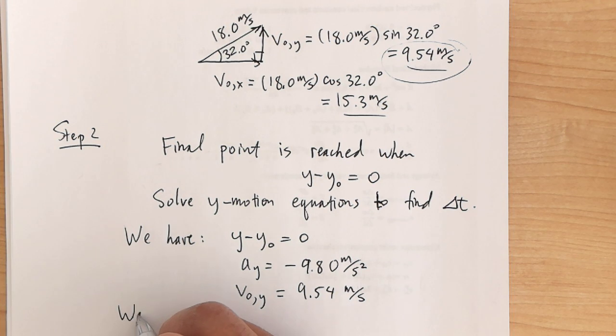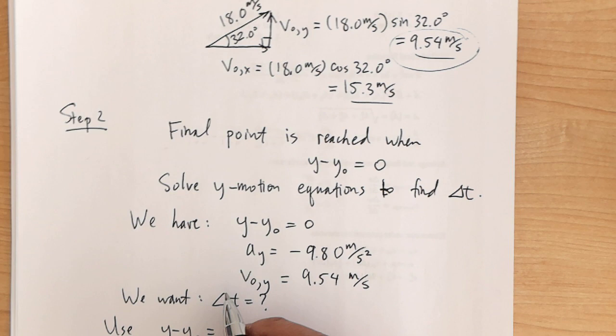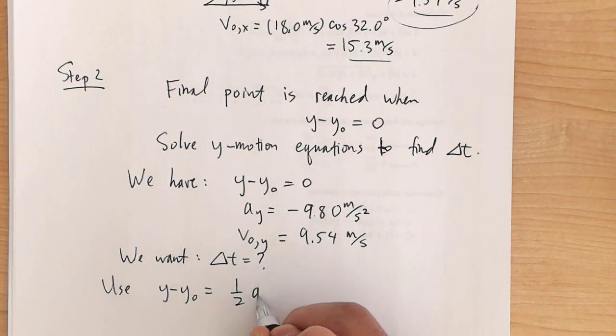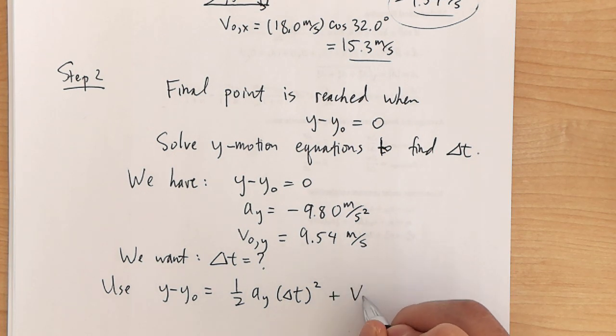Okay, what do we want? We want delta t. All right, so we're going to use the equation that involves delta t. Looks like the one we want is y minus y0 is equal to 1/2 ay delta t squared plus v0y delta t.